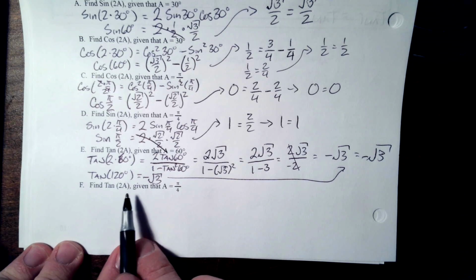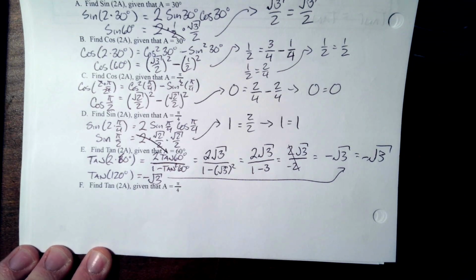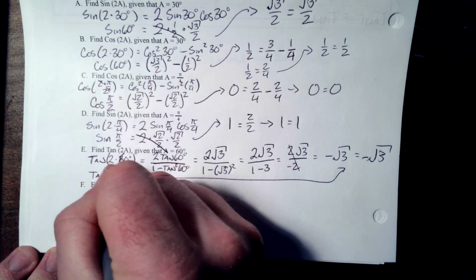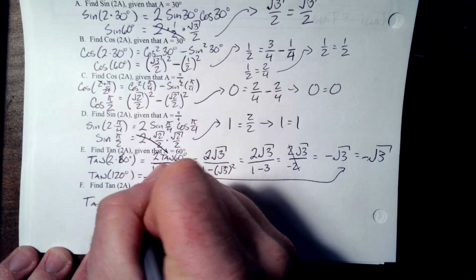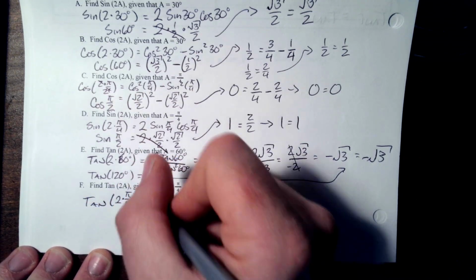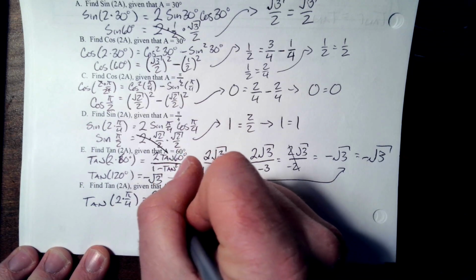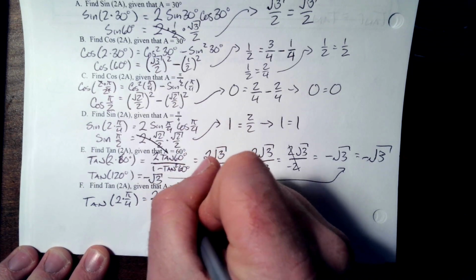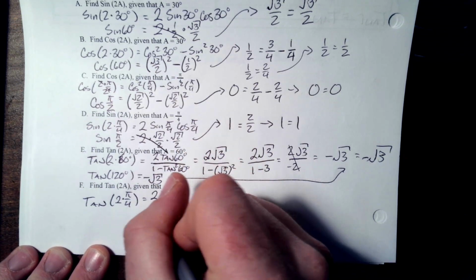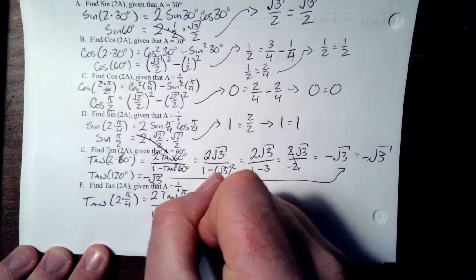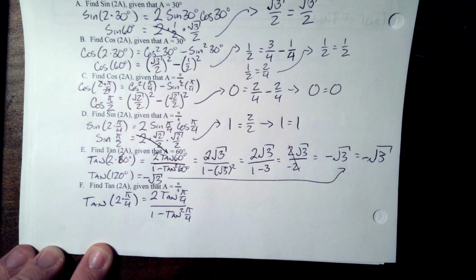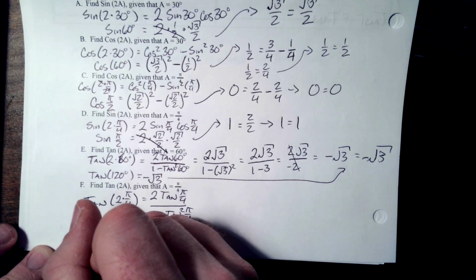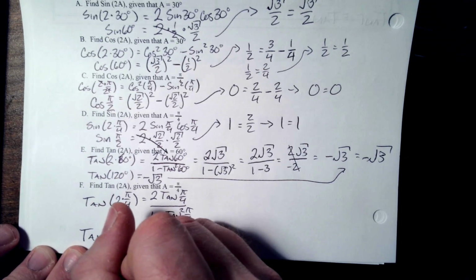Then finally, find the tangent of 2 times an angle, given that our angle is pi over 4. So again, tangent of 2 times pi over 4 is going to equal 2 times the tangent of pi over 4 over 1 minus the tangent squared of pi over 4. 2 times pi over 4, we already found out, is pi over 2.